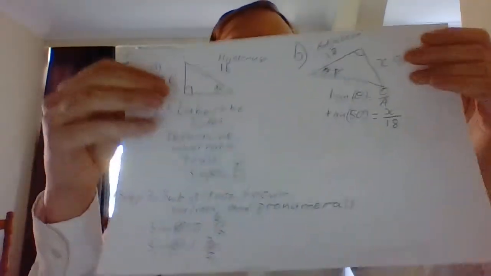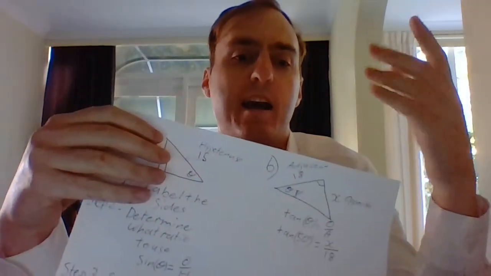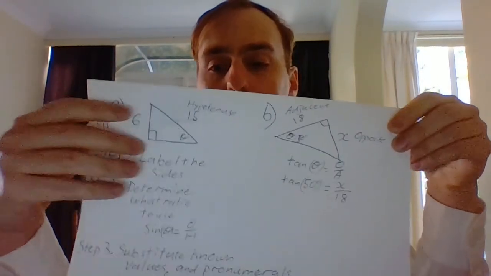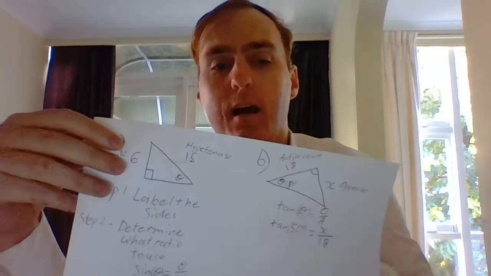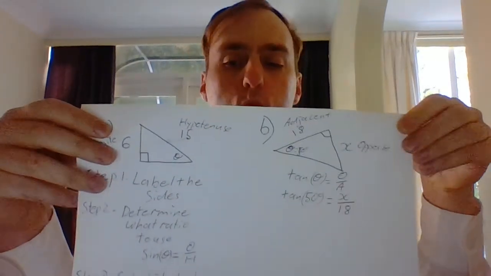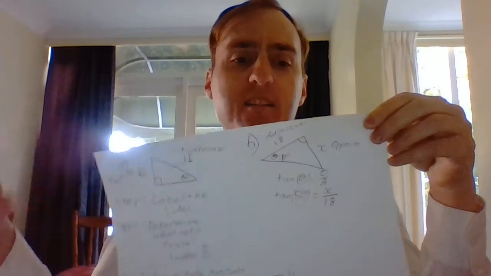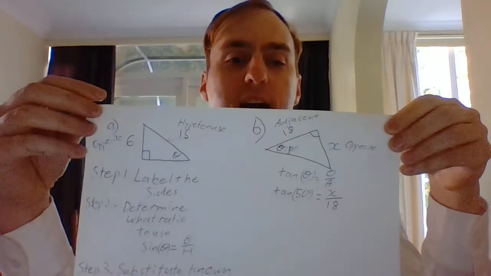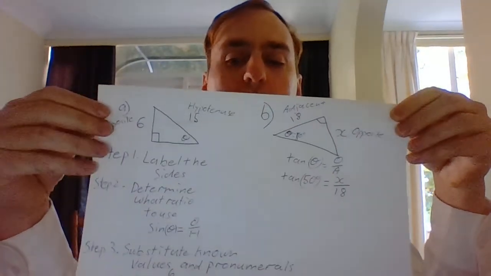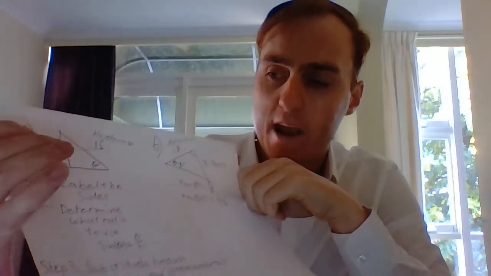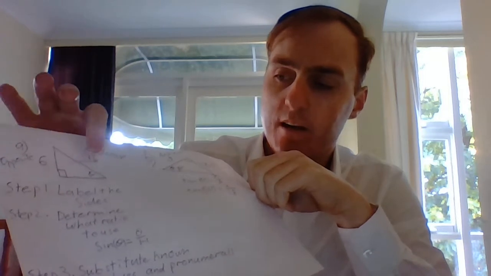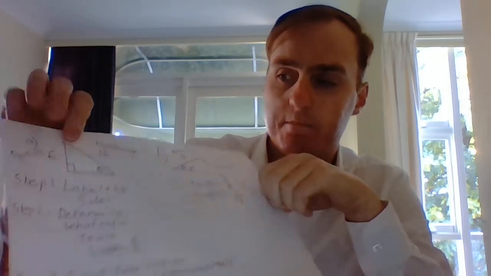So, a few more examples. Now, as you can see on these two examples, we only have two sides marked, and one of them includes a pronumeral. But the methods we use will be the same. So in these cases, what we want to find out is which ratio to use. In our first triangle, we have two sides, 15 and 6.